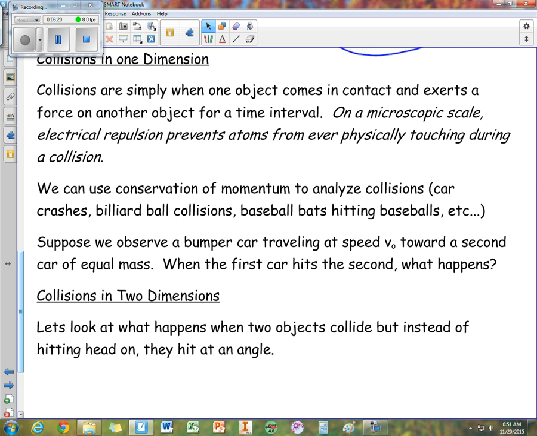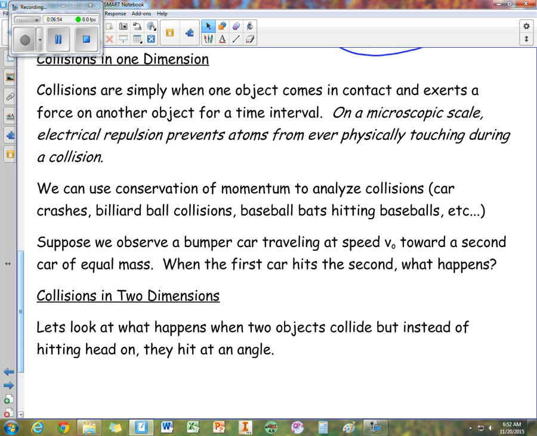When we use conservation of momentum to analyze collisions, car crashes, billiard ball collisions, baseball bats hitting baseballs, whatever, we can make predictions about final velocities and things like that. So suppose we want to observe a bumper car traveling at a speed v0 towards a second car of equal mass. When the first car hits the second, we want to know what happens.